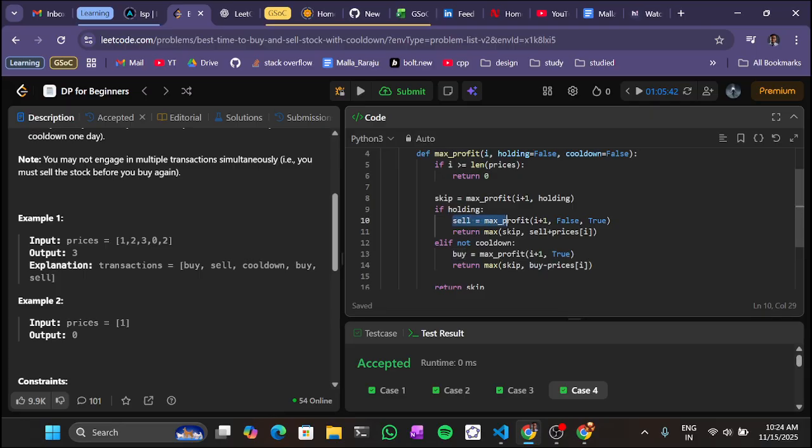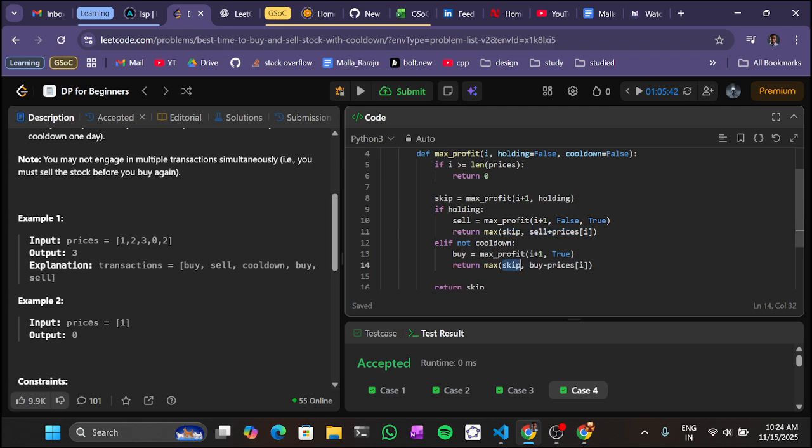And if we are selling it, then we are adding some value to our pocket, and the value until that point, the selling decision point, and we will return the maximum if we skip or if we choose to sell.